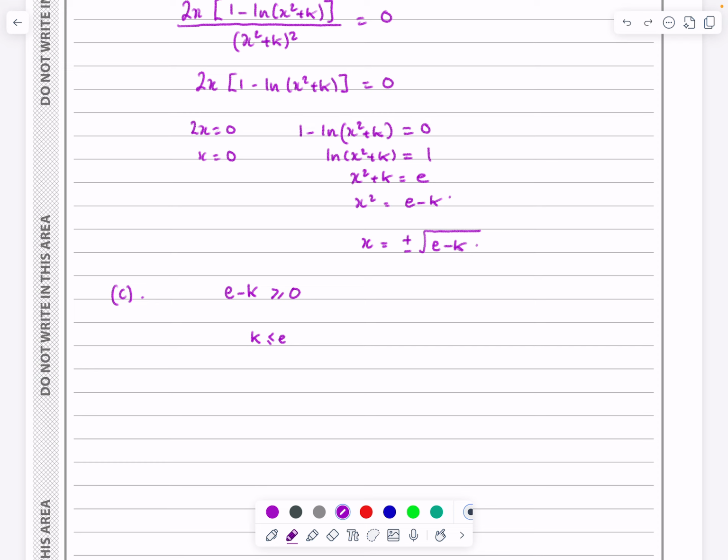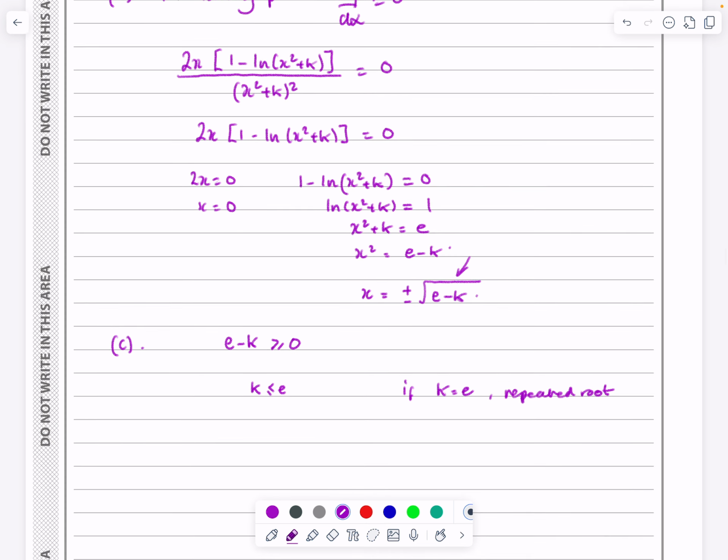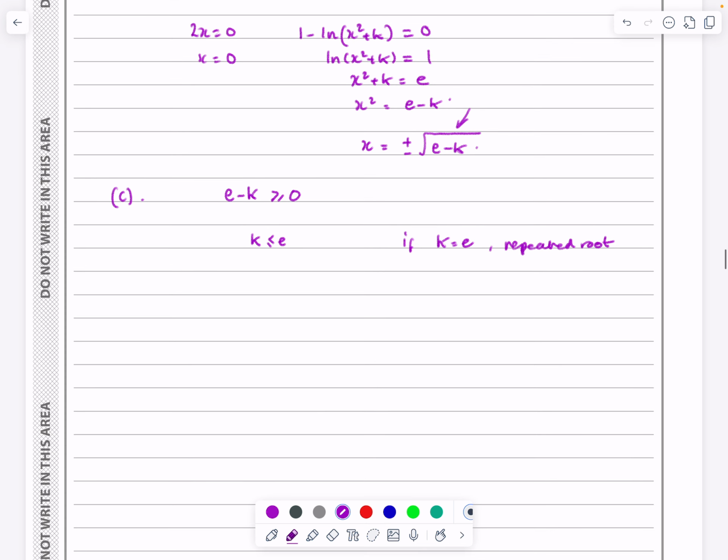So that would be my thought process, but it says 3 different roots. And if k equals e, what we'd actually get then is that there'd be a repeated root, wouldn't there? If we got k equals e, we'd just get 0 there, which would mean that you'd only get one repeated root for that thing, and it said there's 3 different roots. So actually that's a very clever bit, you might need to just read through that again.